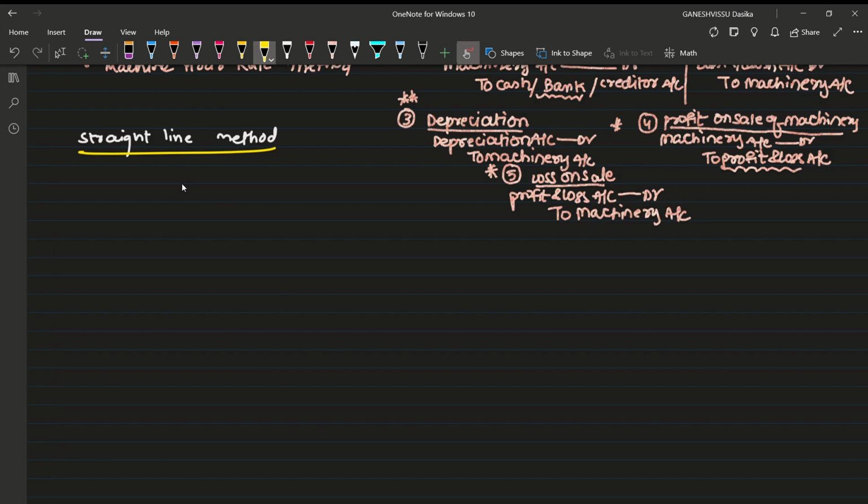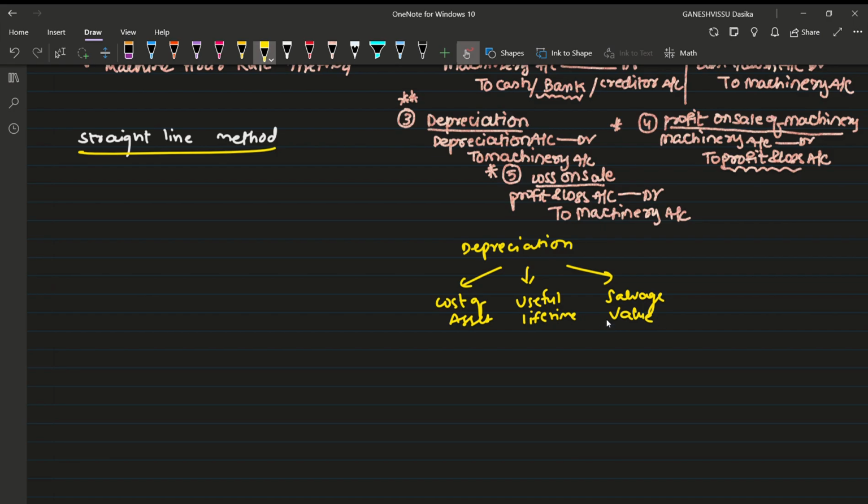Depreciation will be affected in 3 ways: the cost of the asset, the useful life of the asset, and the salvage value of the asset. For all these 3 aspects, the depreciation will be different.